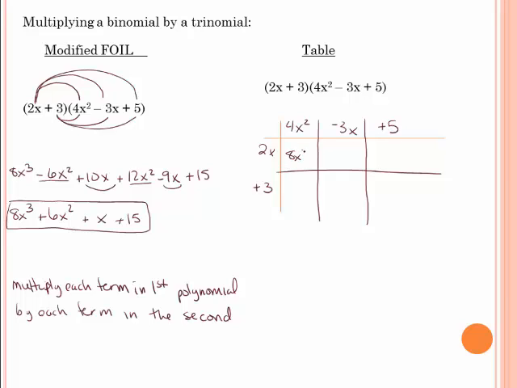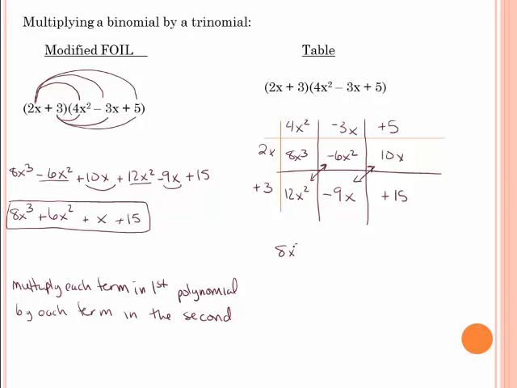if you forget a multiplication, say for example I forget to multiply 2x times negative 3x, it becomes very apparent because you have a blank space. And you say, okay, I missed that one, so then you can come in and multiply. Again, our like terms will show up on the diagonals.